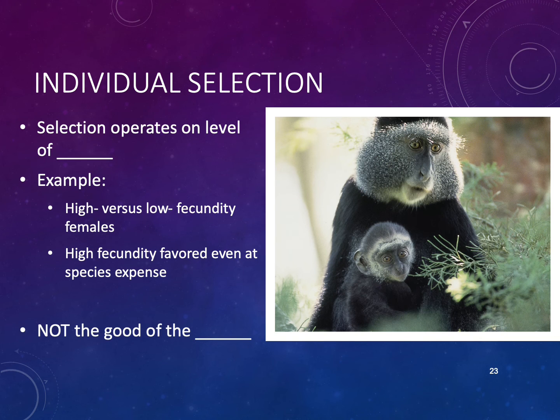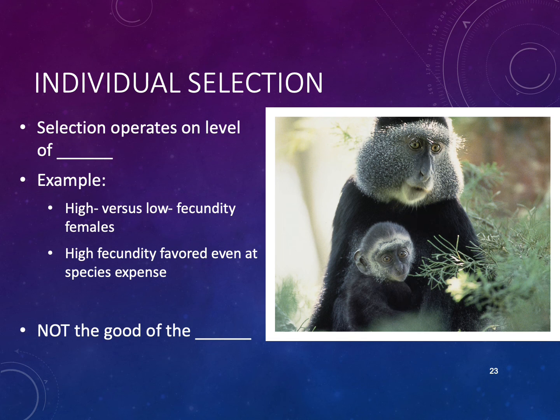But importantly, what I want you to keep in mind is that evolution and natural selection operate on the level of the individual, not for the good of the species. If you think about it, in a lot of primate species, you'll see a female who has a high amount of offspring, maybe 10, but only 3 of them survive.